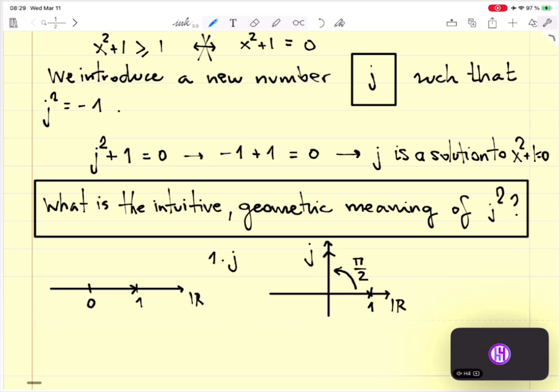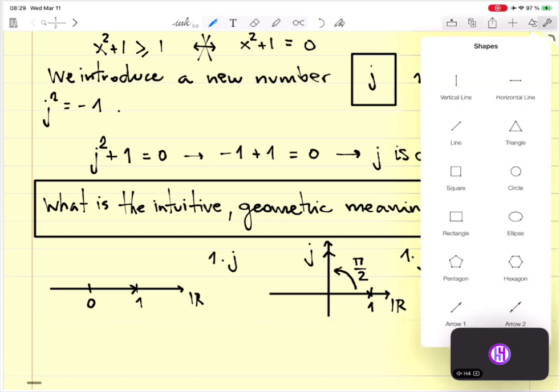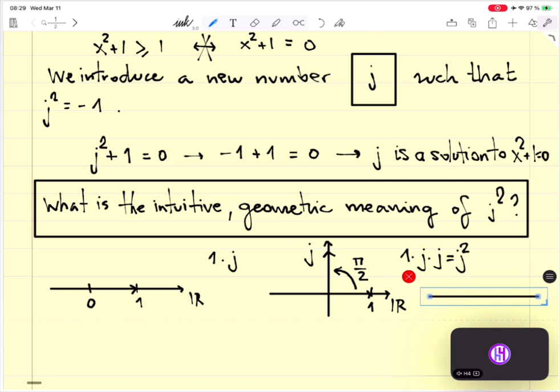If you multiply by j again, what you get is j squared, right? j times j is j squared. So what happens? Somebody tell me what happens. Another 90 degrees, what will happen? Louder. You get -1, -1.